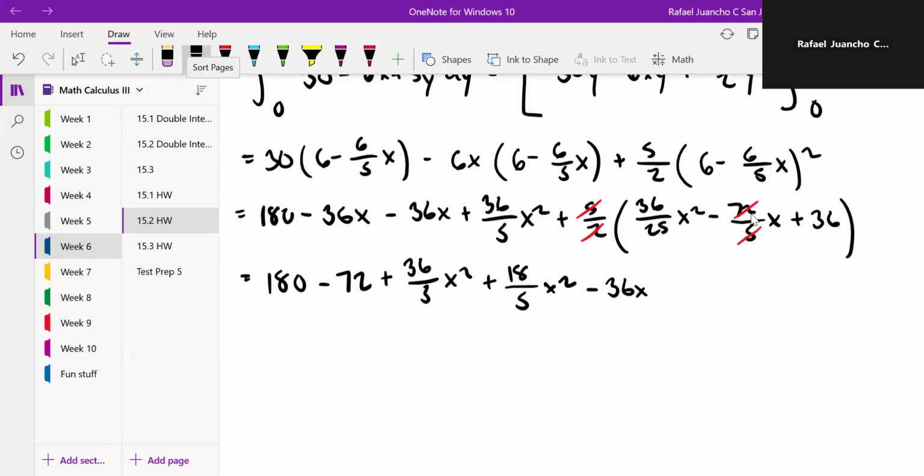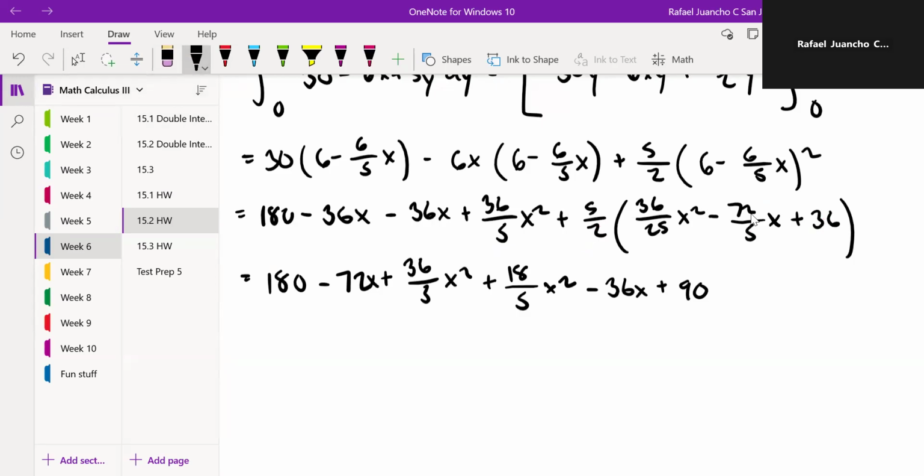Oh, I forgot the x here. And then here, I think this just gives me a nice number when I multiply this by this. 36 divided by 2 gives me 18. I multiply that by 5, gives me 90. There we go.